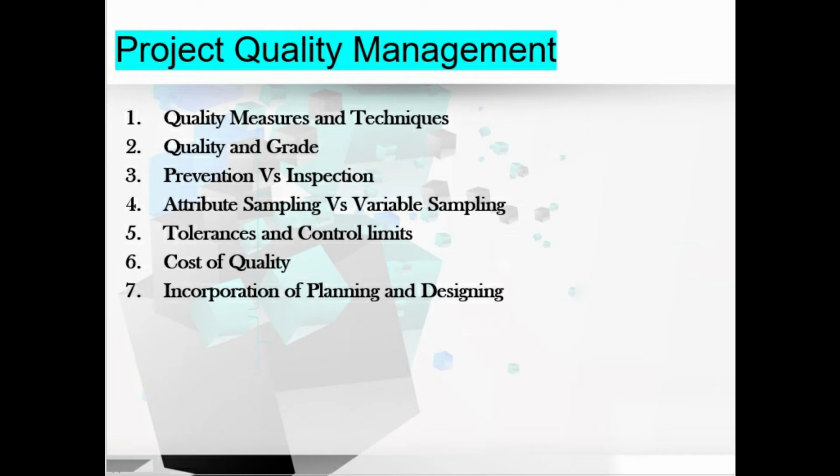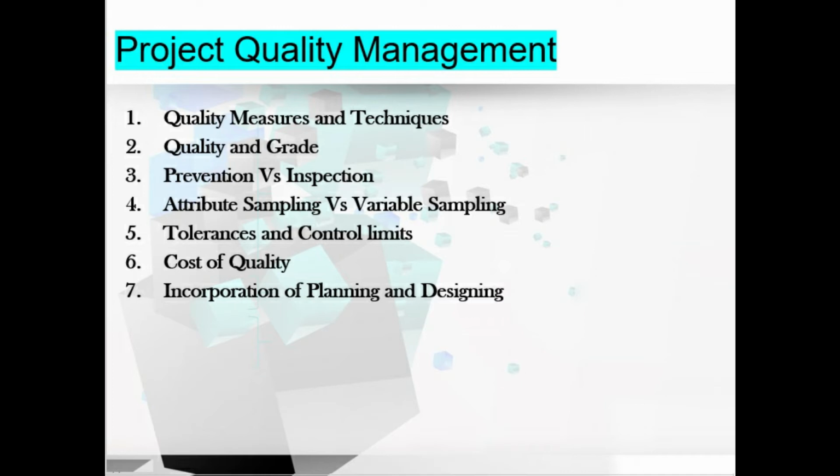First, we will discuss quality measures and techniques. Project quality management addresses the management of the project and deliverables of the project. That is, it applies to all projects regardless of the nature of their deliverables. Quality measures and techniques are specific to the type of deliverables being produced by the project.